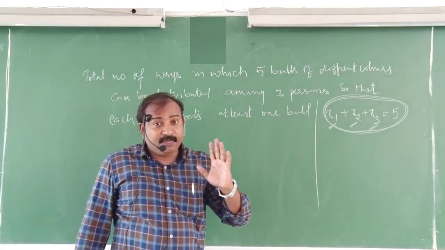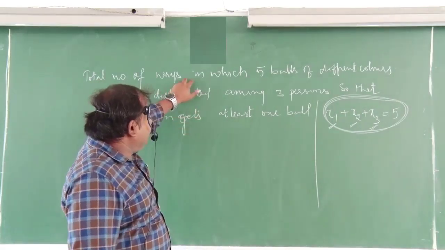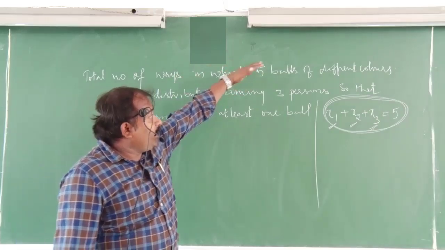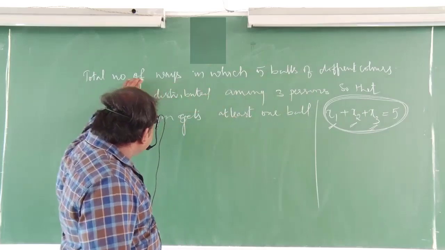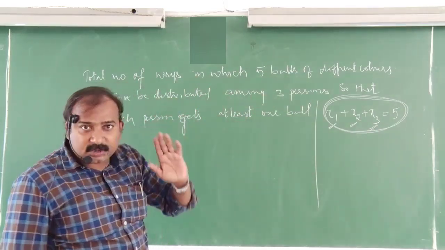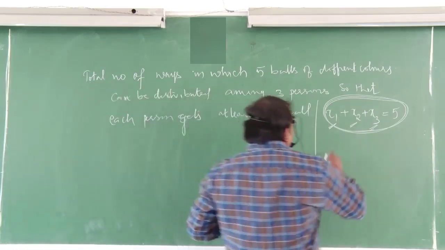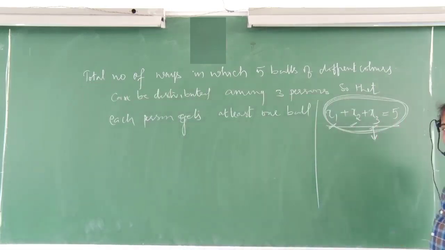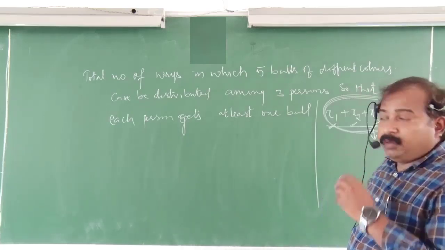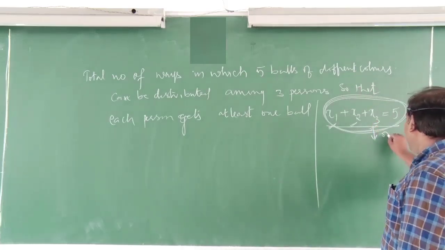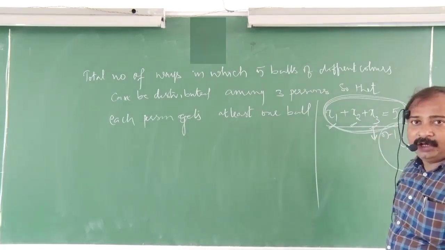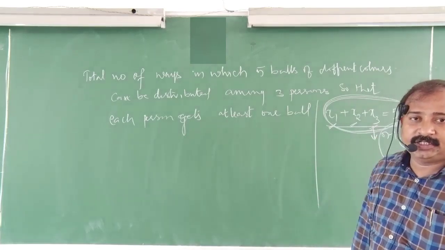If they mention five identical balls are distributed to three persons, find the number of ways so that each person gets at least one ball, then automatically you get the number of positive integral solutions. What is the formula for the number of positive integral solutions? n minus 1 C r minus 1. This is the formula. There it ends.